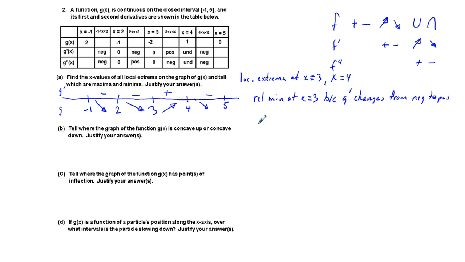Okay. Next, we have relative max at x equals 4 because g prime changes from positive to negative.